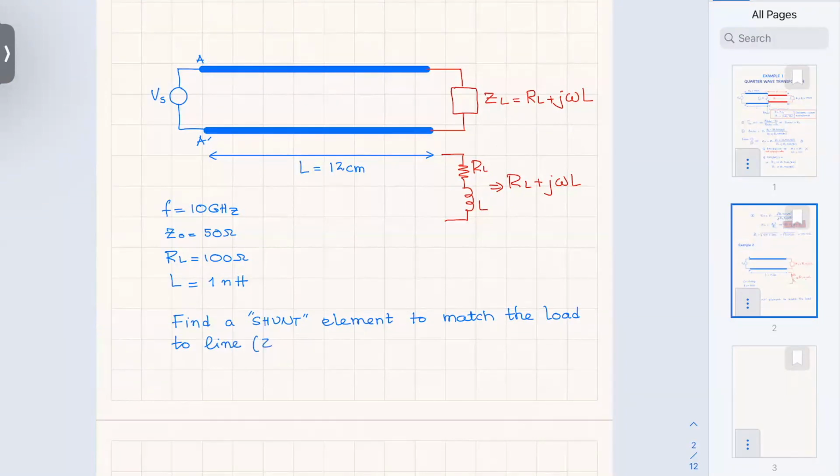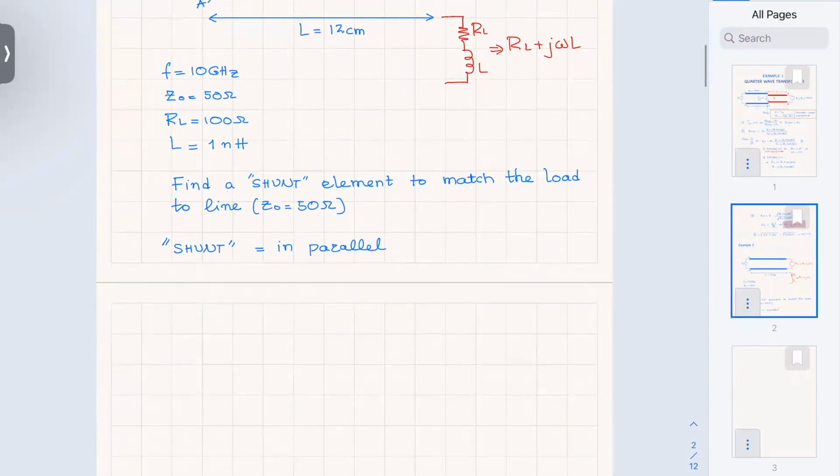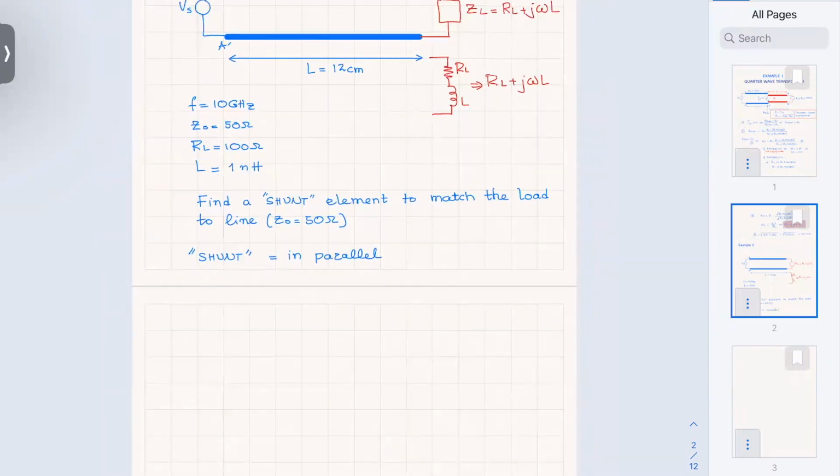And line is 50 ohms. What does shunt mean? Shunt means in parallel. So you will see, we're not going to be able to finish all of this problem, but if we don't, we'll continue tomorrow.